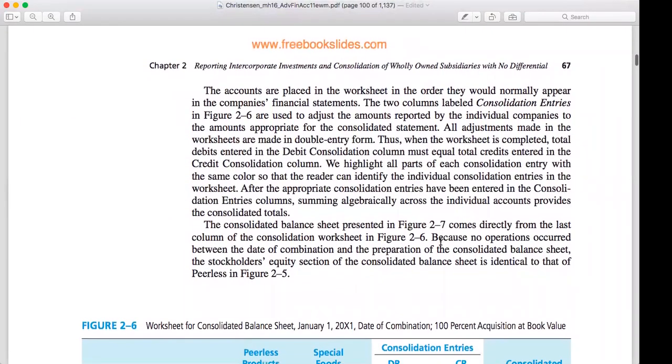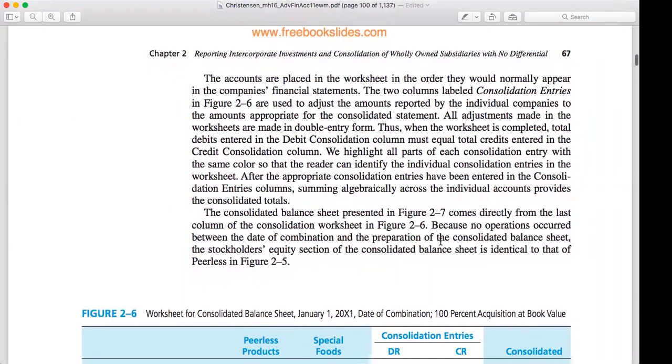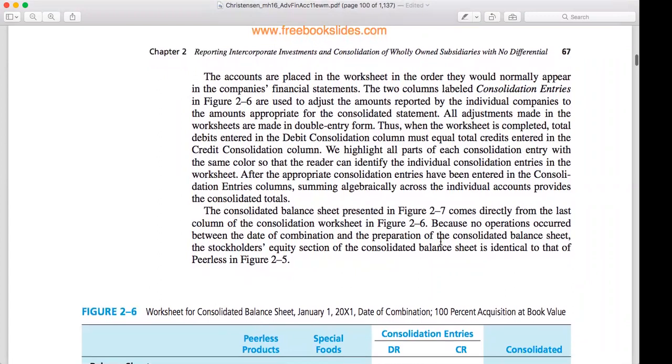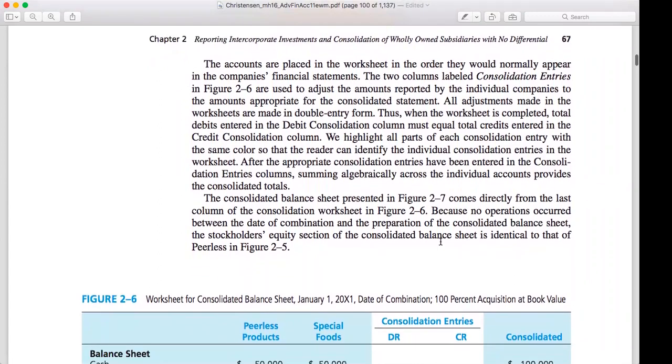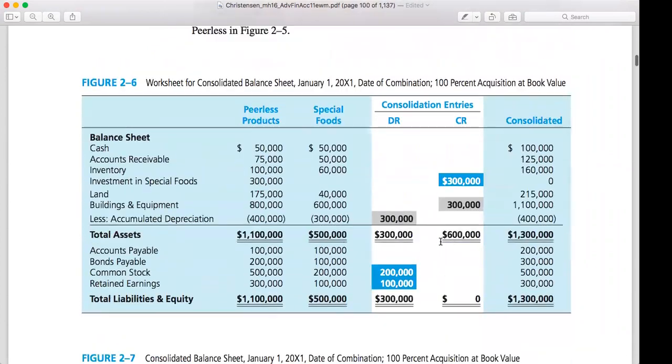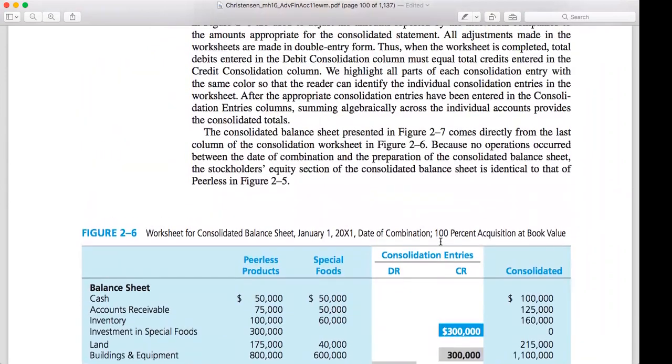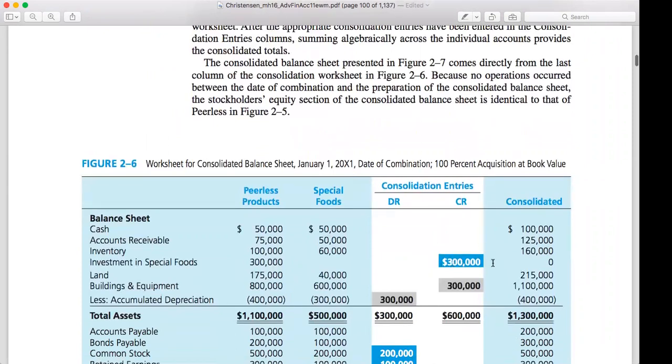There is a two-column consolidation entry here, and we highlight each consolidation entry with the same color so we can identify each individual consolidation entry. After the appropriate consolidation entries, the columns may be summed up. Like this, there is a parent figure of 50,000, so consolidated becomes 100, this one becomes 125, and this one becomes 0 for investment.